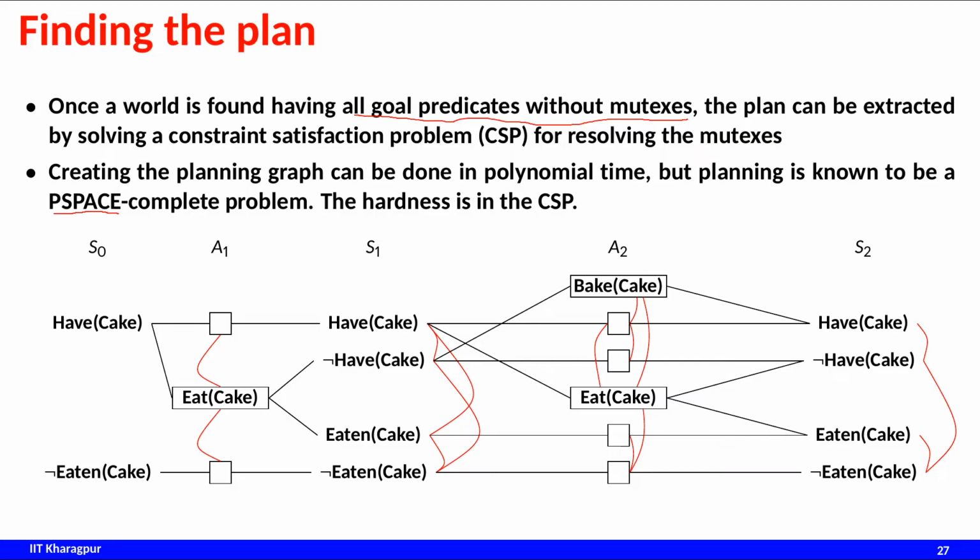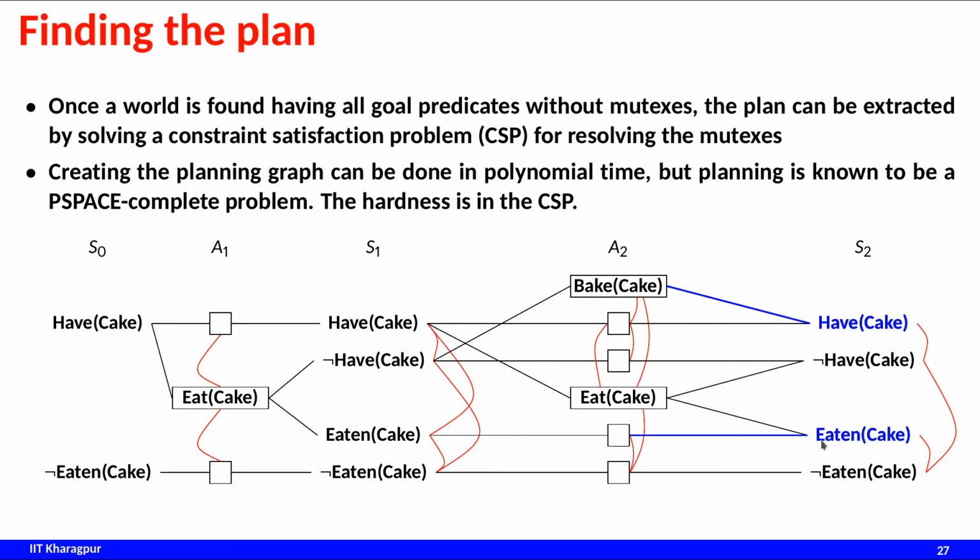Now we try to find the plan. We have have cake and eaten cake true at this level, S2. Have cake is a result of bake cake, and eaten cake can result from a persistent action, this one.